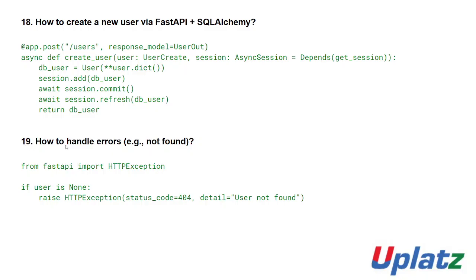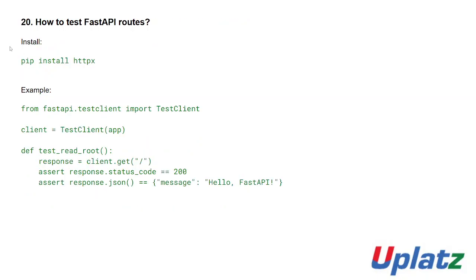19. How to handle errors. For example, not found. From fastapi import HTTPException. If user is None, then raise HTTPException(status_code=404, detail="User not found"). Okay. Next, 20. How to test FastAPI routes. Install with pip install httpx.